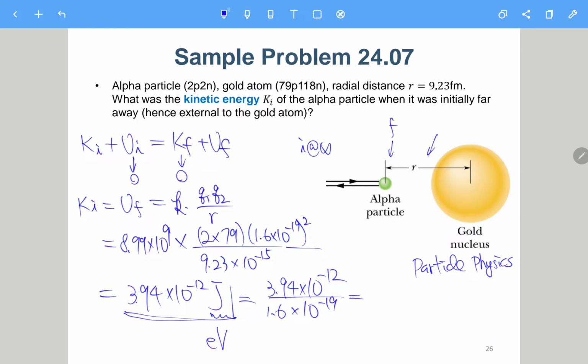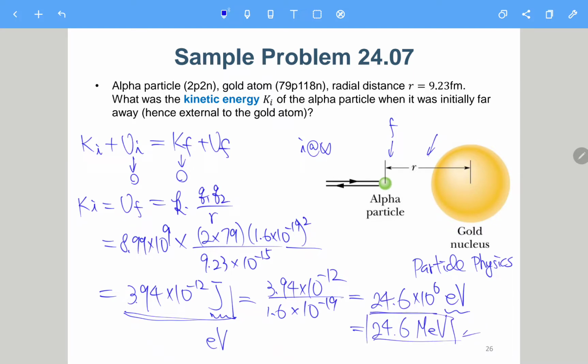This value will be 24.6 times 10 to the 6th power eV, and sometimes we just write it as 24.6 MeV.